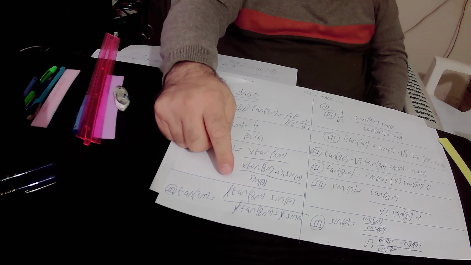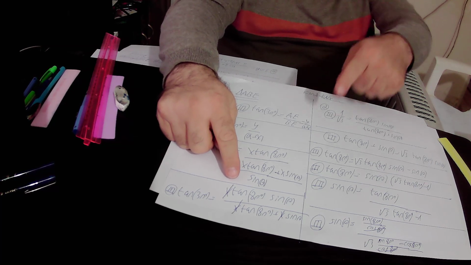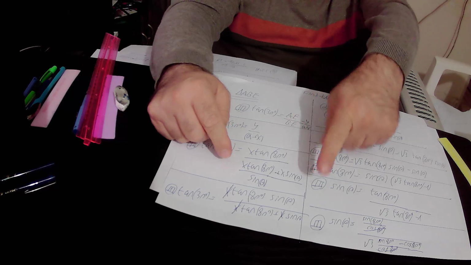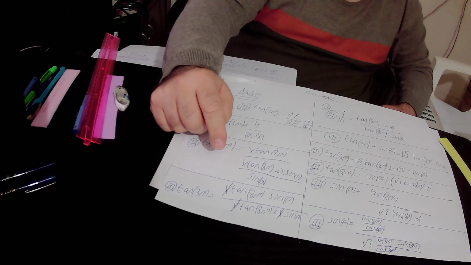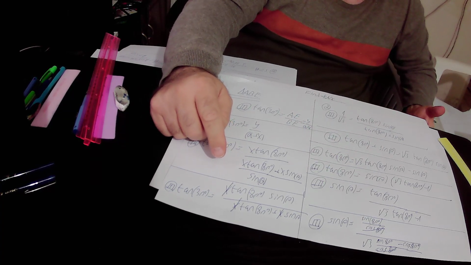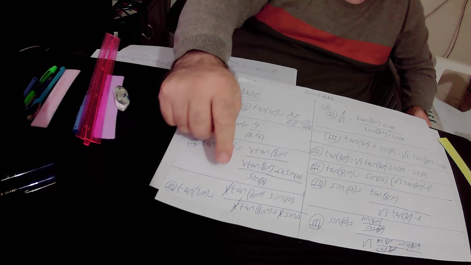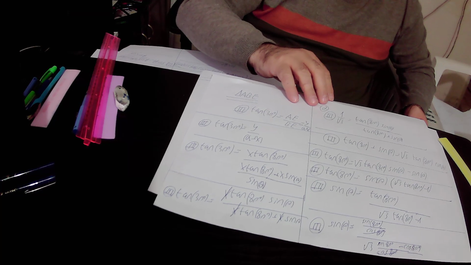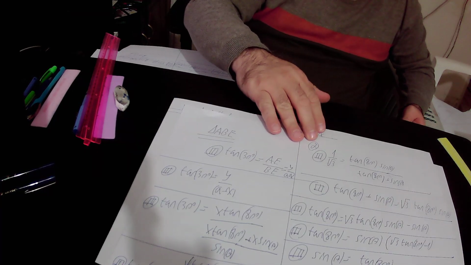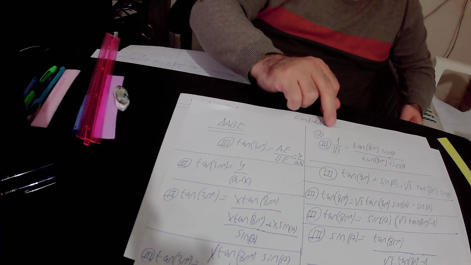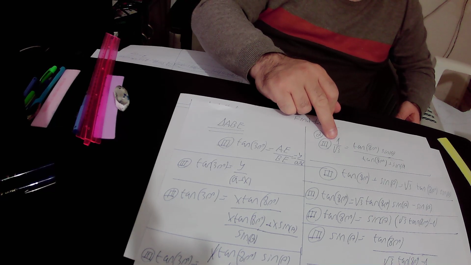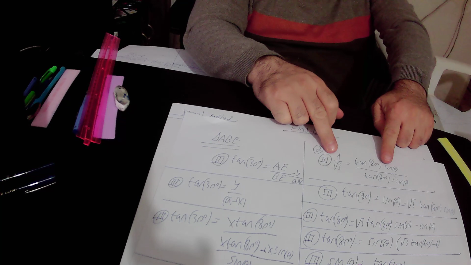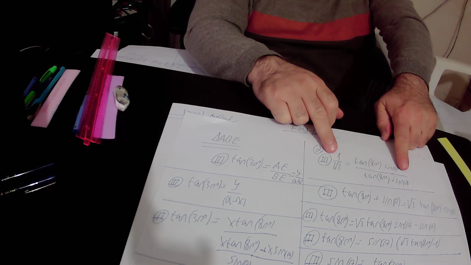Here we have X in the numerator and X in the denominator, so X will get cancelled. And we found that tangent 30 degrees is 1 over square root of 3. That equals tangent 80 degrees times sine theta over tangent 80 degrees plus sine theta.